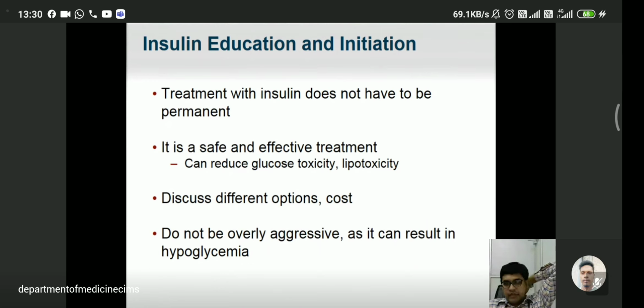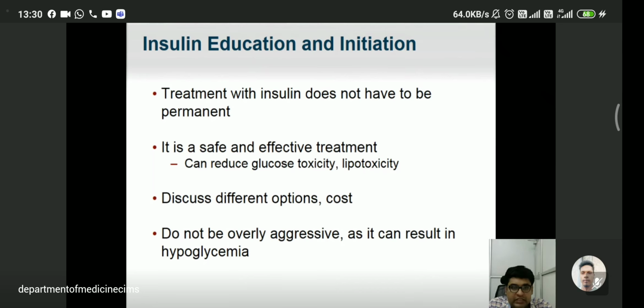Now we have done two methods of management. First is medical nutrition therapy or lifestyle modification. Second is the oral drugs. If the patient is not controlled even with both these methods, then we will have to add injectables, insulins. These drugs are usually given subcutaneously, IV also in some special cases. Treatment with insulin does not have to be permanent.